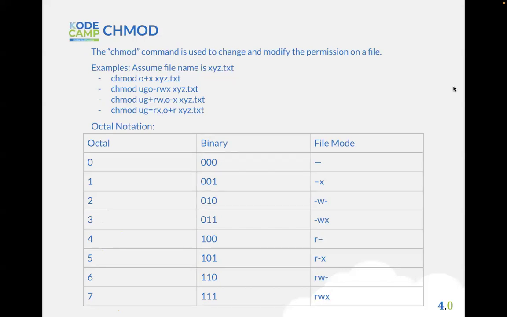Do we have anything related to hexadecimal for changing mode? I think the octal just makes things easier. If you use hexadecimal, I think it will make it more complicated than the normal.